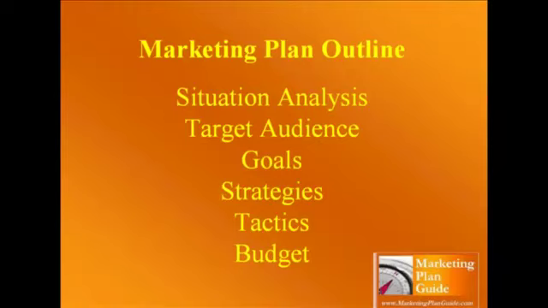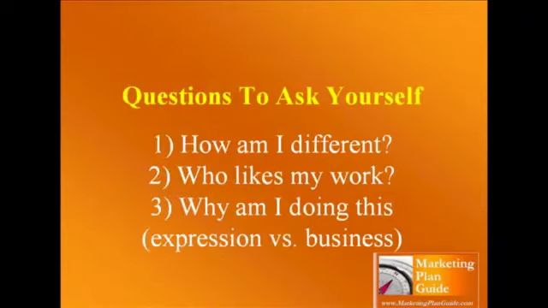We have the goals, which is what do you want to accomplish with your marketing plan. Strategies, what tools do you use that will help you reach your target audience the most effectively. Tactics. This is the day-to-day. What am I doing this week to help me reach my goals and move my marketing plan on? And of course, the budget section, which reconciles everything together.